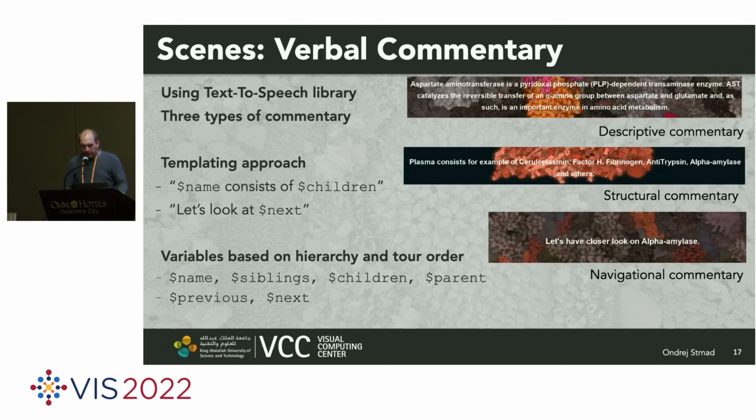In the audio part, we have three different types of commentaries. First is descriptive, which provides the full detailed information about focused elements. Then we have structural commentary that describes the structural element, and navigational commentary that acts as filling material, as connective material. Structural and navigational commentary are based on a templating approach, where we specified a list of keywords that are evaluated in real time.